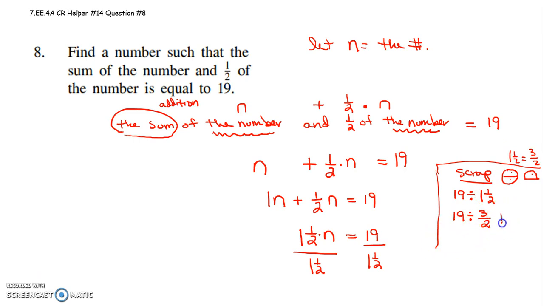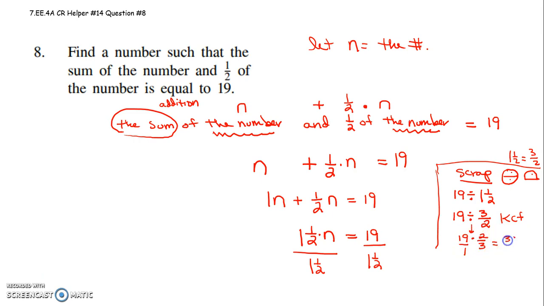Okay. Now I can do my keep, change, flip. So I keep my 19, I change my division to multiplication, and I flip over my 3/2 to make it 2/3.